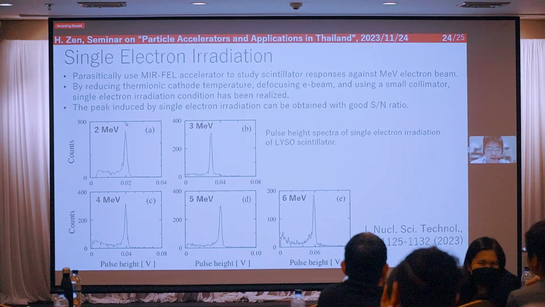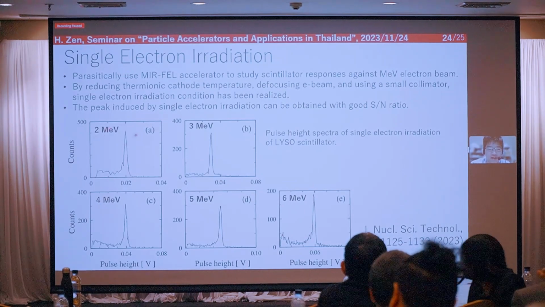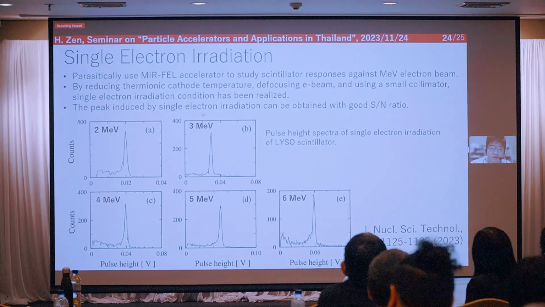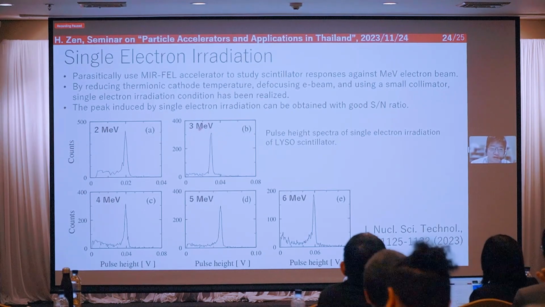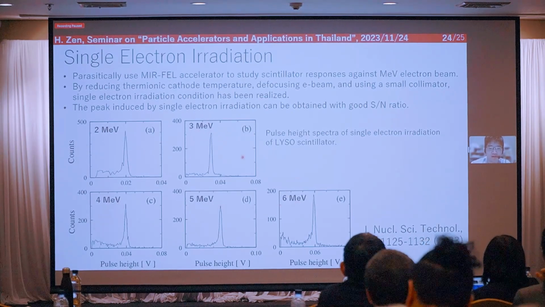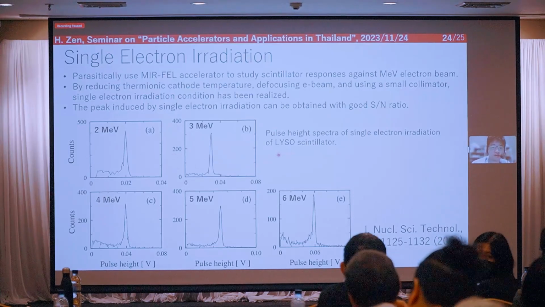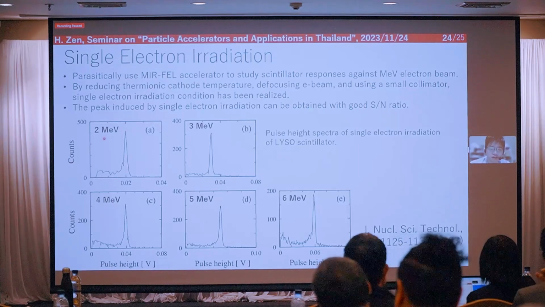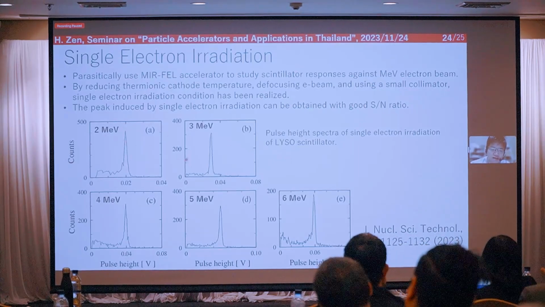Those peak pulse heights are linearly correlated with the electron beam energy, so they can characterize the scintillation material properties against a single electron beam in the MeV electron energy region.